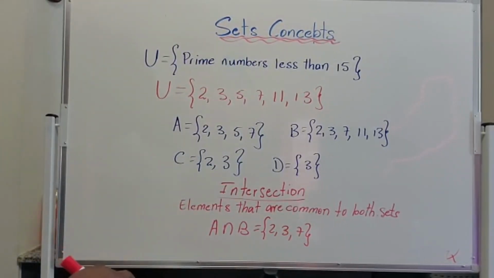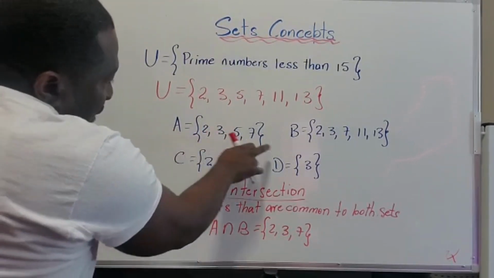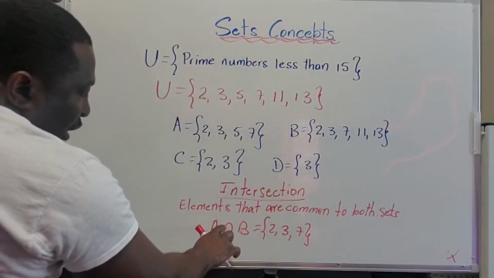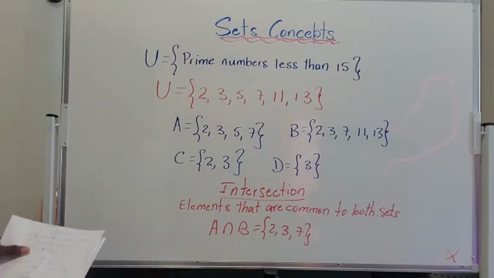So from what we are seeing here, the elements common to set A and B are 2, 3, and 7. So in other words, these elements intersect. Again, we will also look at these elements when I represent the same information on a Venn diagram.